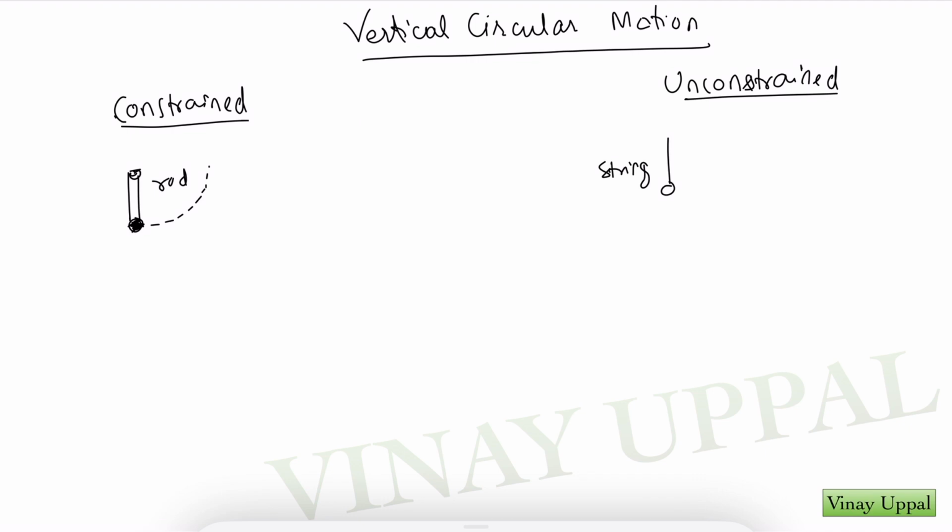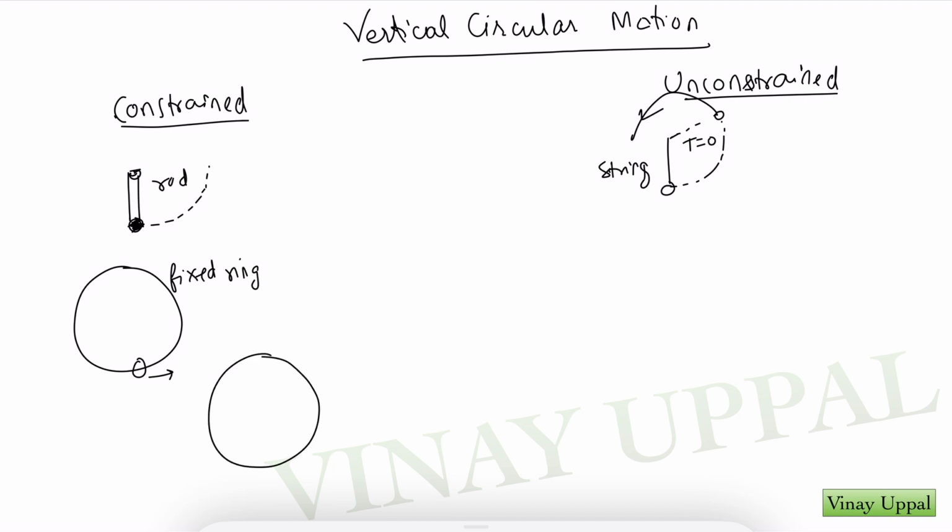A string can become slack. So at some point it is a possibility that the string becomes slack, tension becomes 0, and the particle performs projectile motion. The other examples are a fixed vertical ring on which you have a bead. The bead is of course forced to move in a circular path.